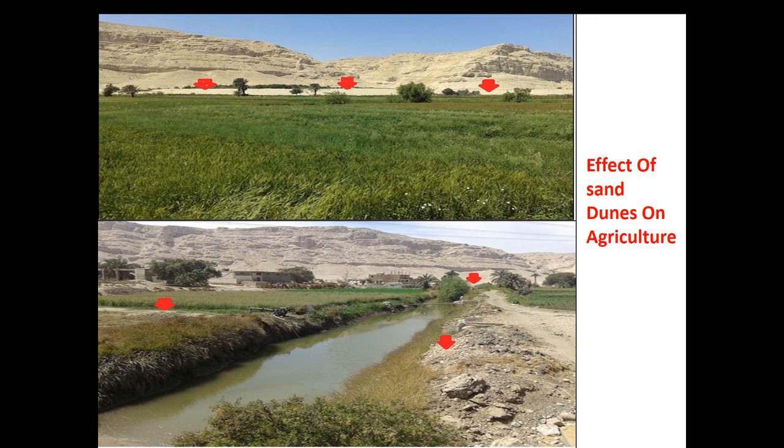The danger of sand dunes in this area is very serious for soil, by mixing sand and clay, which affects crop growth. On the other side, canals filling with sand cause water losses because the sand absorbs it, and that needs more money for cleaning and decontamination.